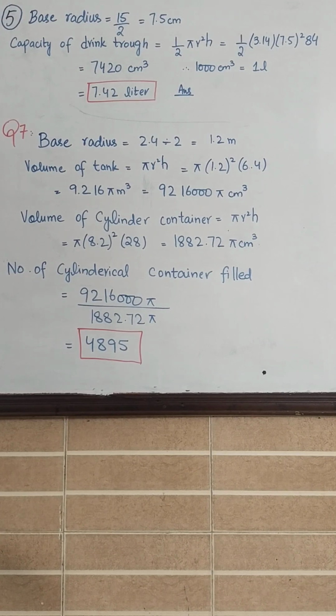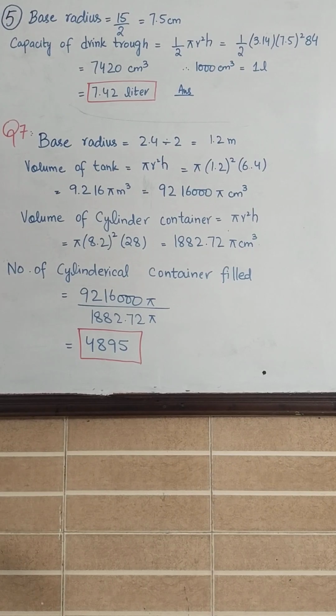Next you have to calculate the volume. You know the formula of volume. Volume is equal to pi r square into h. Fill in the values in the formula and you will get the answer, which is 9.216 pi meter cube. This is your answer in meter cube.